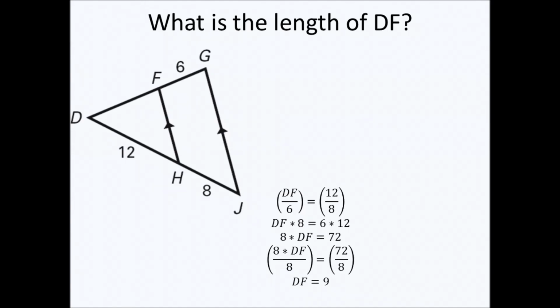And the other part of the larger triangle is line segment DH plus line segment HJ, or 12 plus 8. So the line segment DF of the smaller triangle corresponds to line segment DF plus 6 of the bigger triangle, and the 12 of the smaller triangle corresponds to the 12 plus 8 of the bigger triangle.